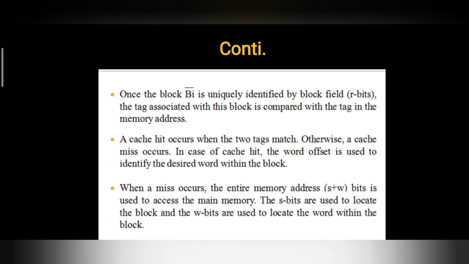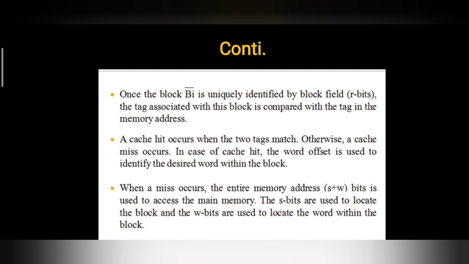Now, as you all know, once the block Bi is uniquely identified by the block field R bits, the tag associated with this block is compared with the tag in the memory address. So basically the tag in my memory address is going to be compared with the tag of the cache memory block. Now a cache hit occurs when the two tags match, otherwise there is a cache miss.